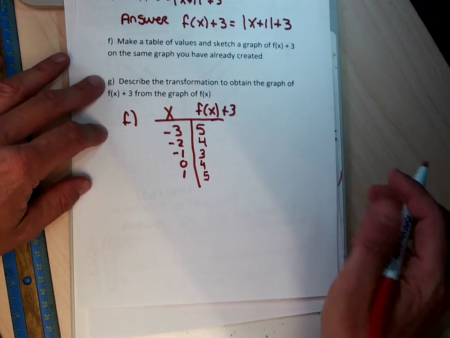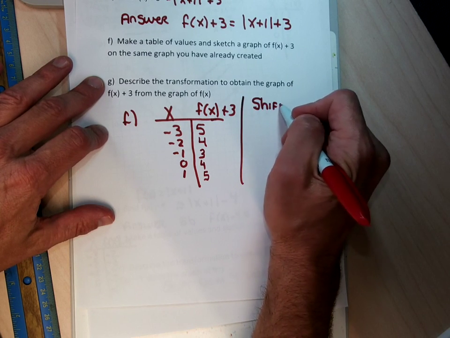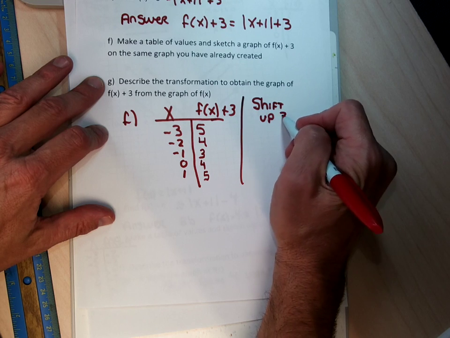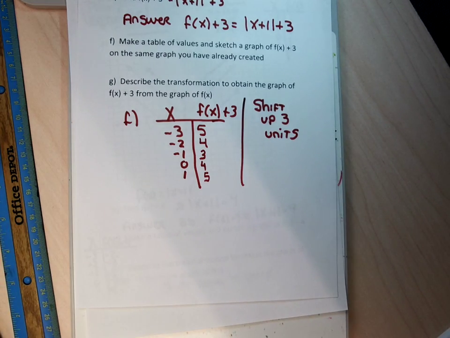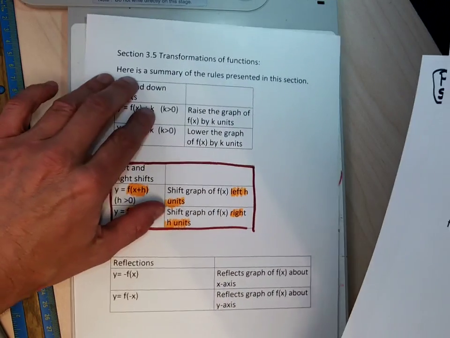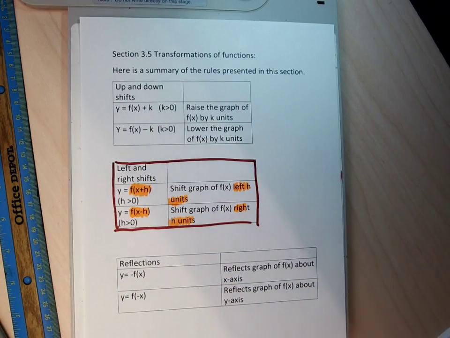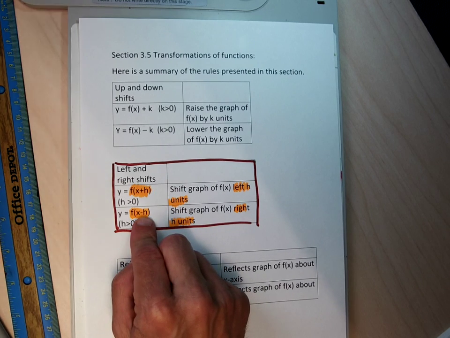So for part G, it's going to shift up 3 units as opposed to left or right 3 units. That's the whole crux of this video. The next 6 problems are going to move a graph up and down. And in the last video, we added or subtracted a number using function notation inside of parentheses.